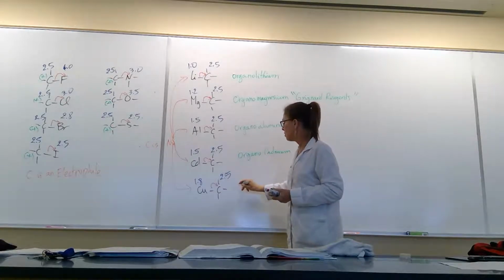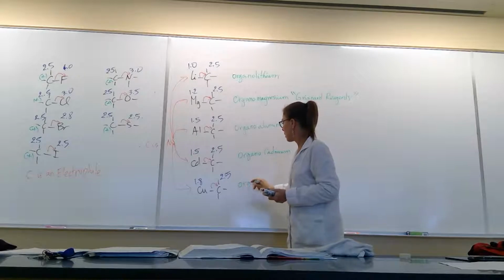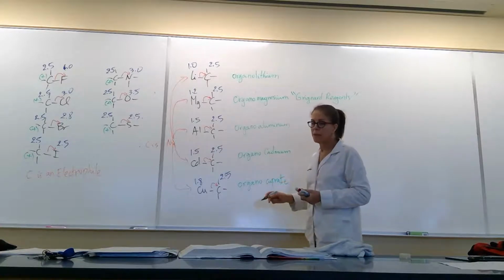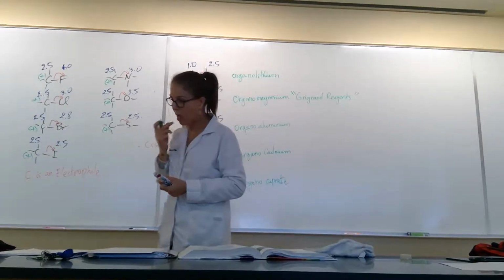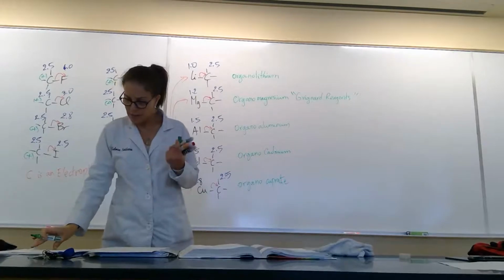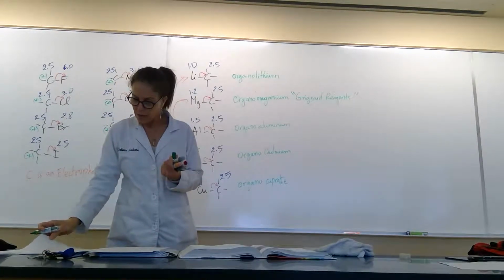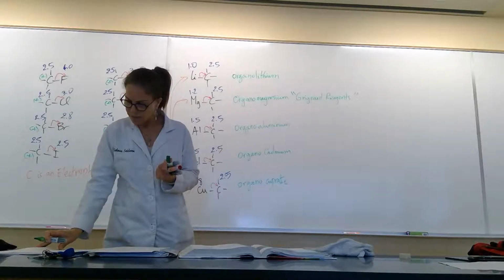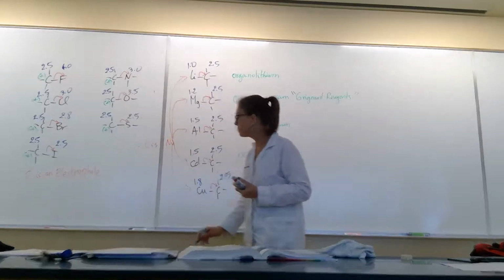And these are called organocuprate. The organocuprate have a different name, just like the Grignard reagent. They're called Gilman reagents.